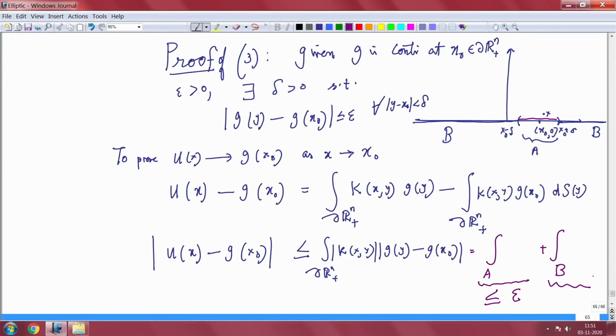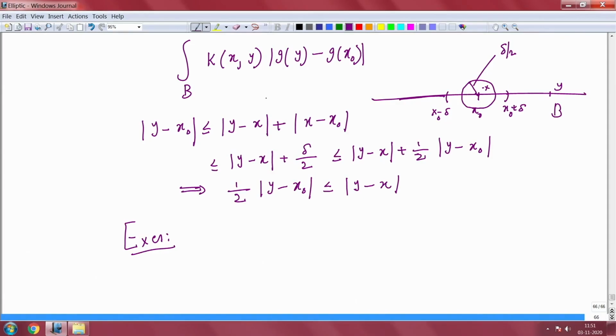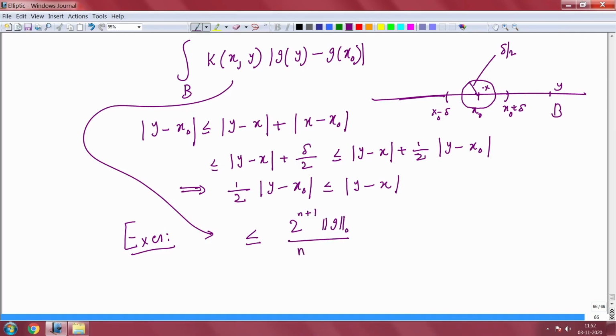So, you can calculate this term, which will be less than or equal to, and this is important, the norm of g, the L infinity norm, times n omega n, and you get a term x n. To do the computation, g is a bounded function, so you can bound this.